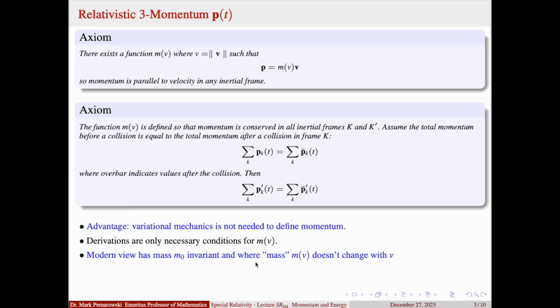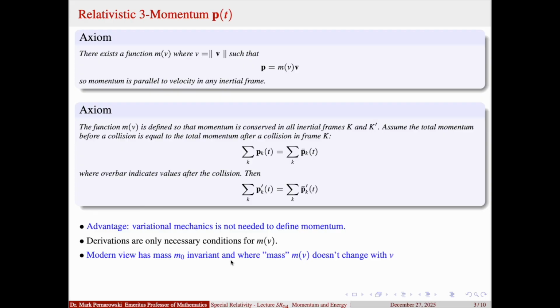It also has this function m of v, and typically in the derivation one considers this to be the mass that's dependent on the speed of the object. But the more modern approach is that there is no change in mass, actually, only that the rest mass m naught is invariant between frames, and m of v is just some function.